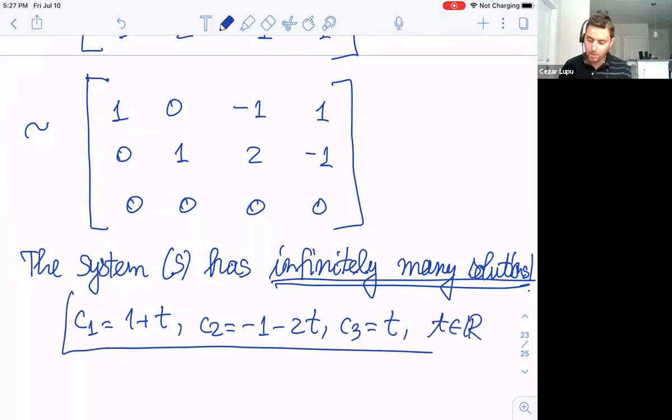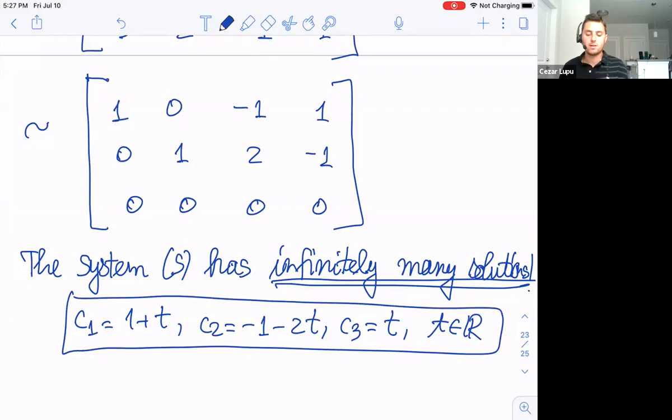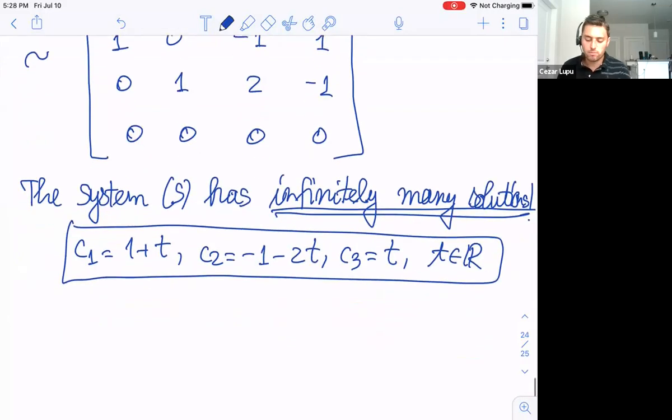So we parameterize C3 by t, and then we obtain C1 and C2 in terms of t. So there are infinitely many ways of writing that vector W as a linear combination of vectors V1, V2, and V3. Let's parameterize, for example, let's take t equals 1.